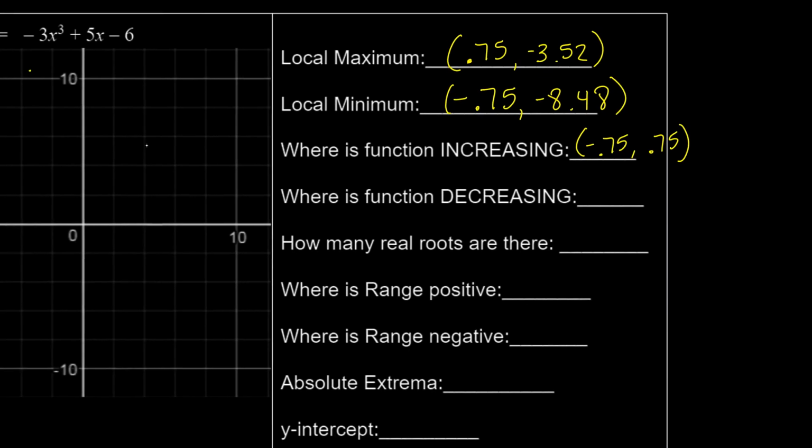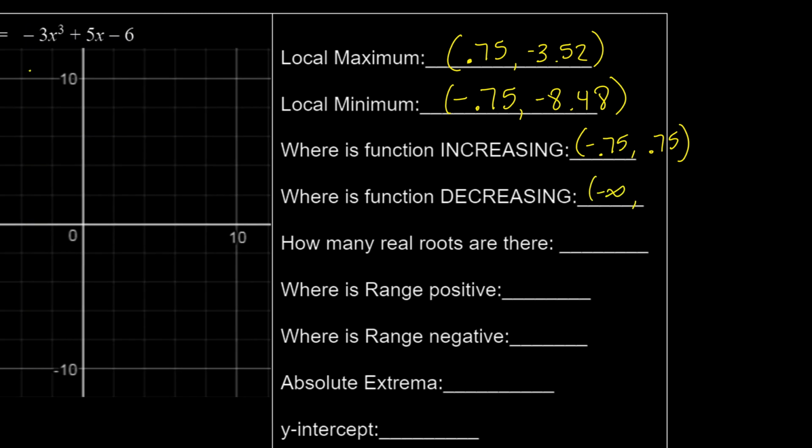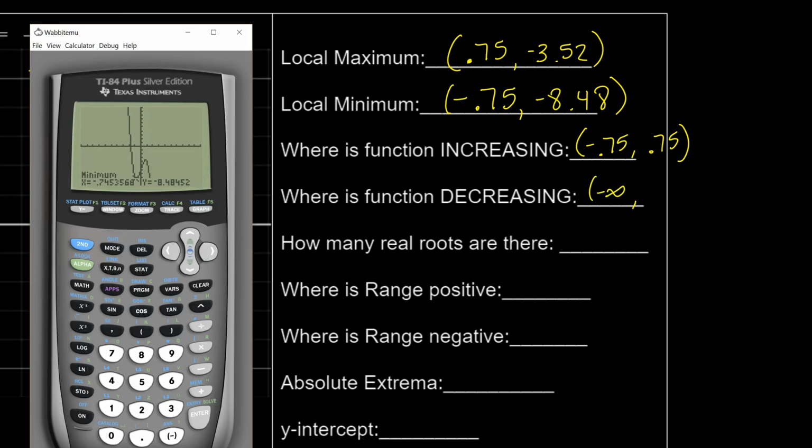So, back to our function. Where am I decreasing? When do I start decreasing? Remember, on the x-axis, we're looking at the x values. So when do I start decreasing? Negative infinity. To where? When do I stop decreasing? At what x value?